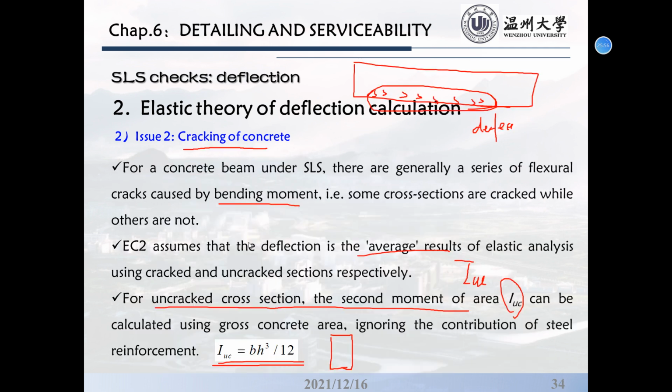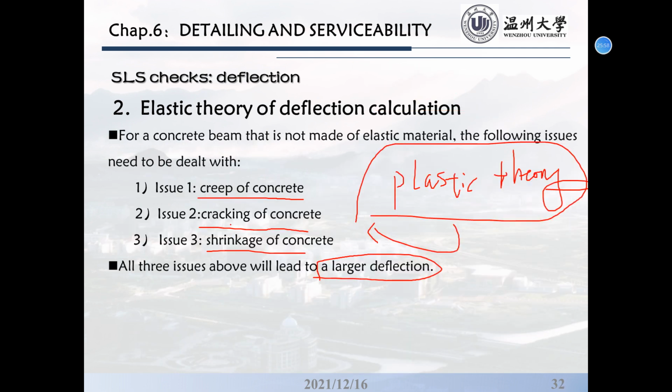So this includes three parts. One is the creep. We use the creep coefficient. Second is cracking. For cracking we consider the uncracked or the cracked. And the third part is the shrinkage.